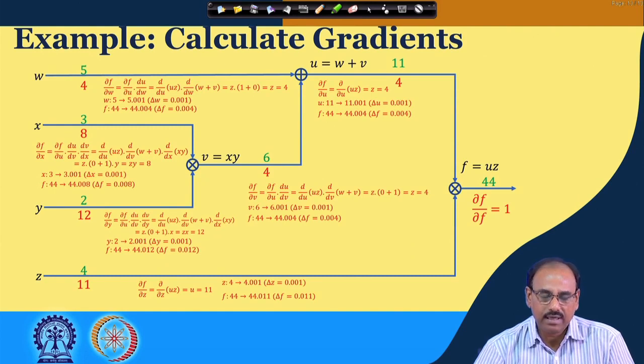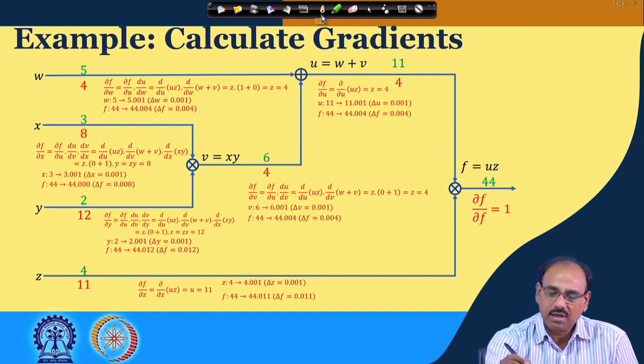So, here you find that your del f del w actually tells you how f varies with w. So, if I increment W by a small amount, say for example 0.001. So, we had fed input W to be 5, now we make W to be 5.001. And as a result, you find that F has increased.